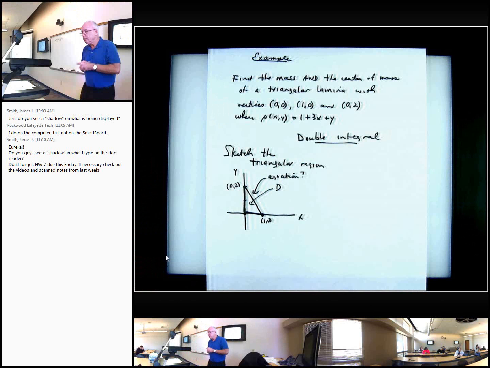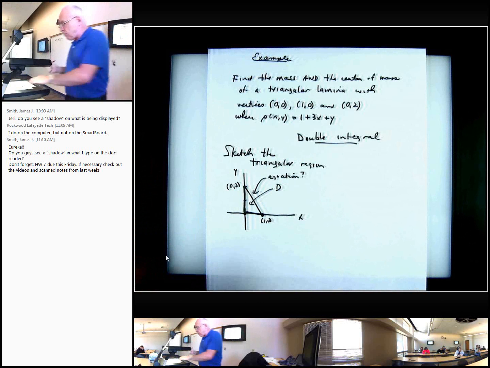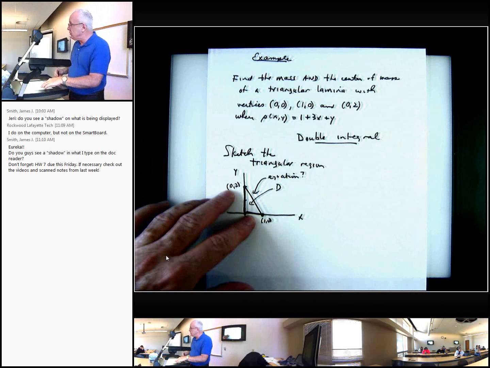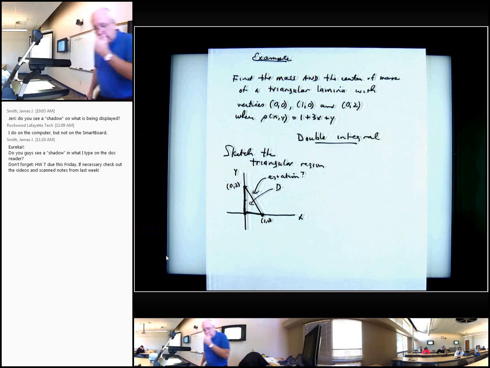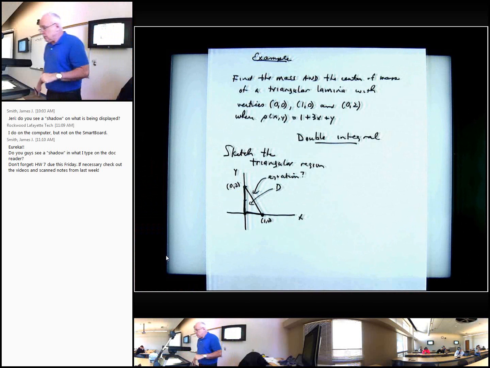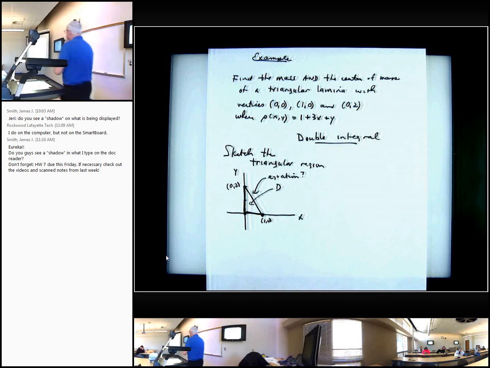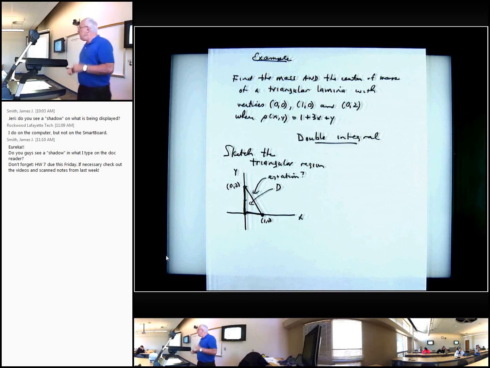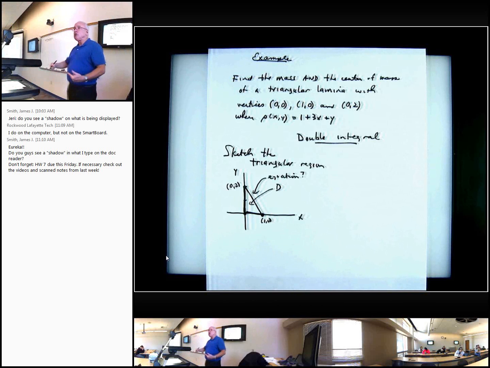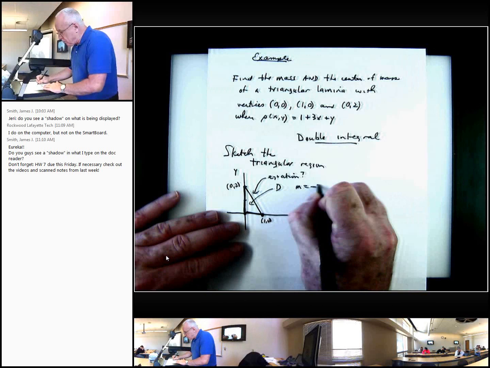But I know two points that are on the line, right? I know that the line goes through (0, 2) and (1, 0). So first of all, what's the slope of this line? Rise over run. What's the slope of that straight line? Negative 2. It goes down 2 and over 1. Slope is equal to negative 2.